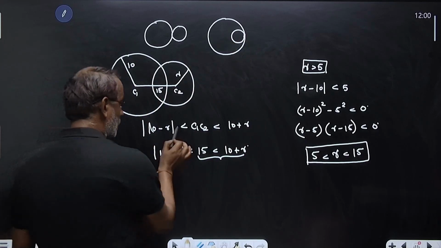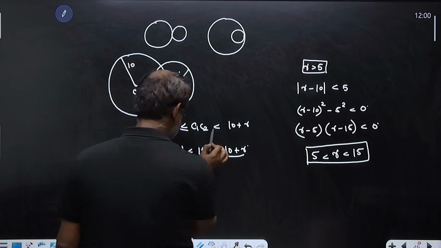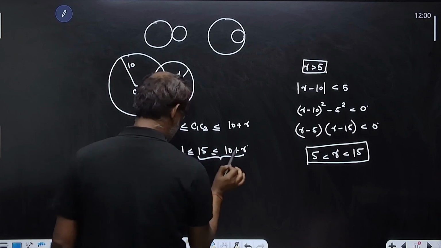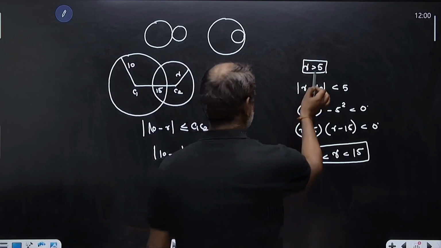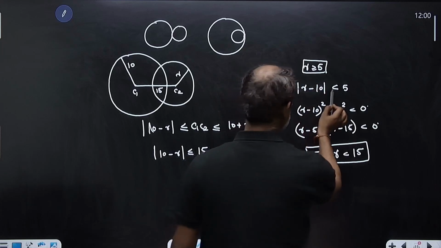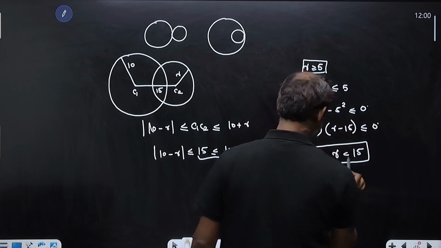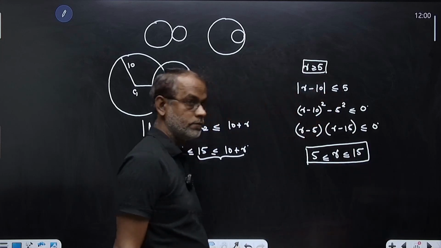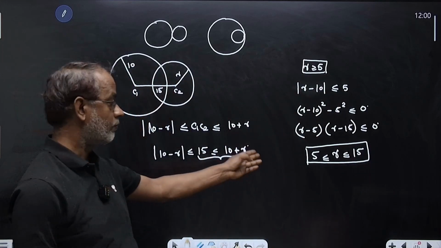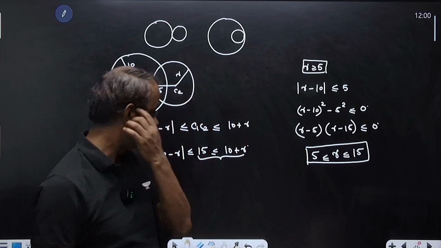So, ideally, because we want a point in common, we should put equality sign everywhere. That would suffice. So, R can be any number from 5 to 15.